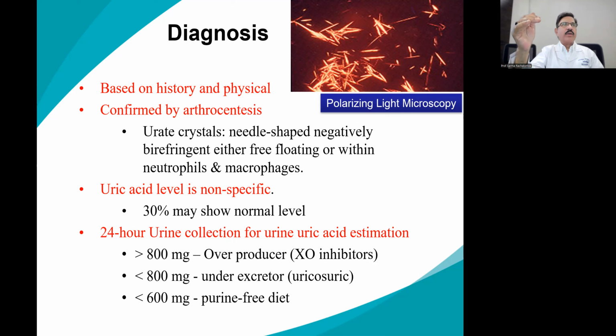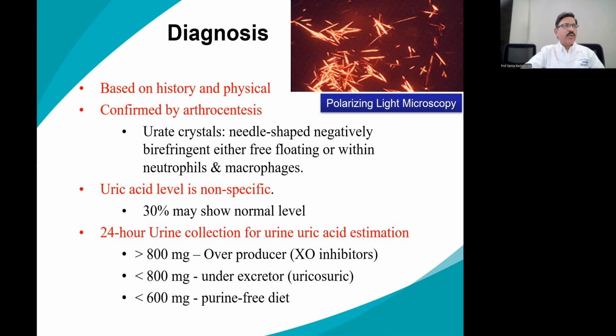So how do I diagnose? Clinical examination is very striking. The onset of pain, the gout, the tophi, the location are very typical. Confirmed by arthrocentesis. Negative birefringence is the clue. And then uric acid levels may be measured, but may not be elevated. Then how do I understand?